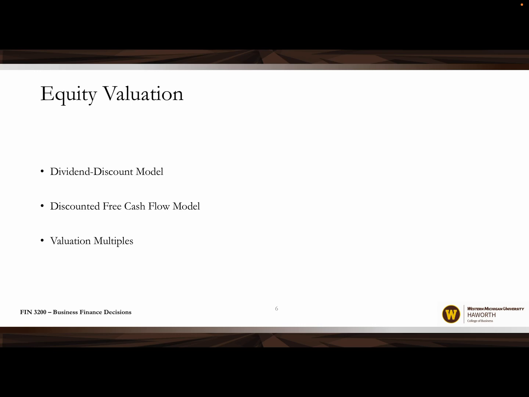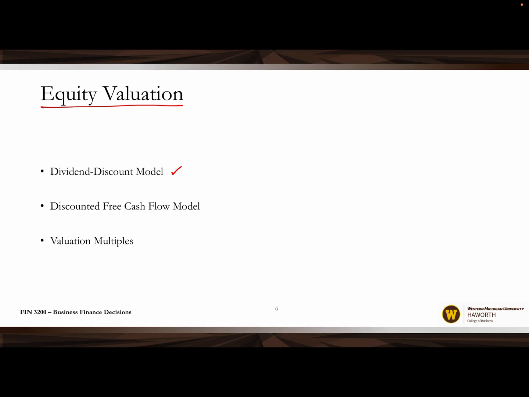All right, let's continue. So, we're doing equity valuation in this chapter. We're trying to estimate the value of equity of a corporation. What we talked about last time was the dividend discount model.